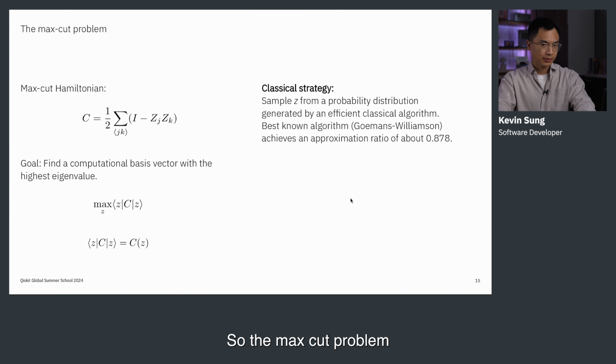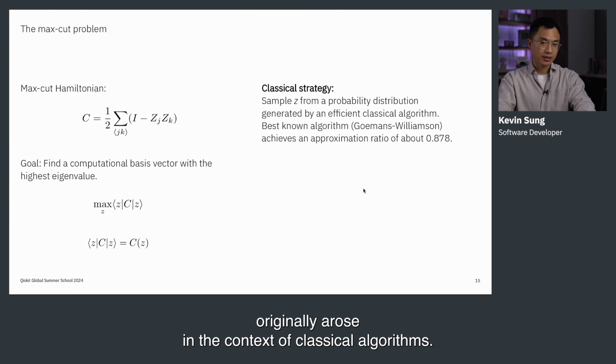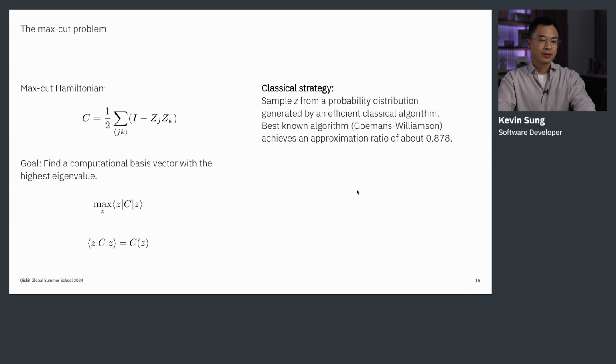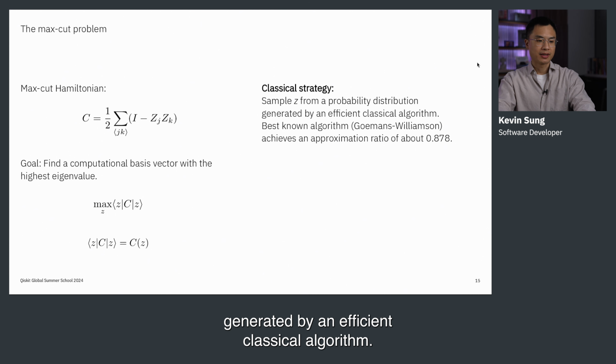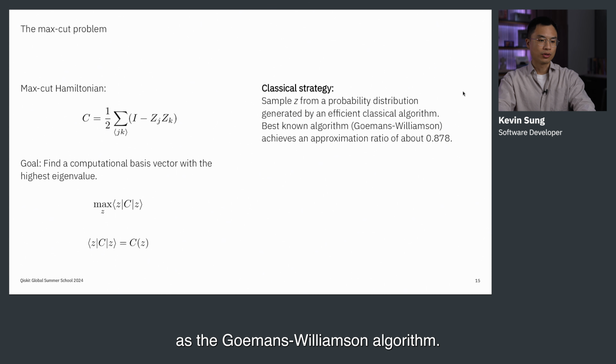The max cut problem originally arose in the context of classical algorithms, and the classical strategy for solving this problem would be to sample a bit string from a probability distribution generated by an efficient classical algorithm. The best known algorithm for this is what's known as the Goemans-Williamson algorithm, and that achieves an approximation ratio of about 0.878.